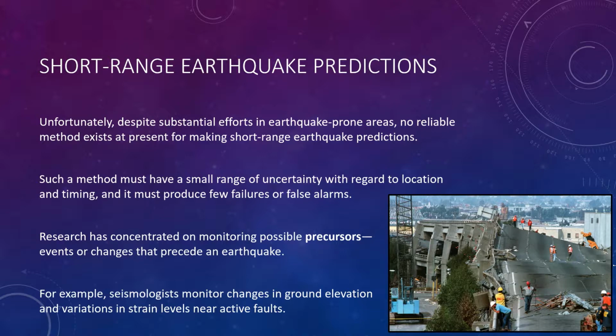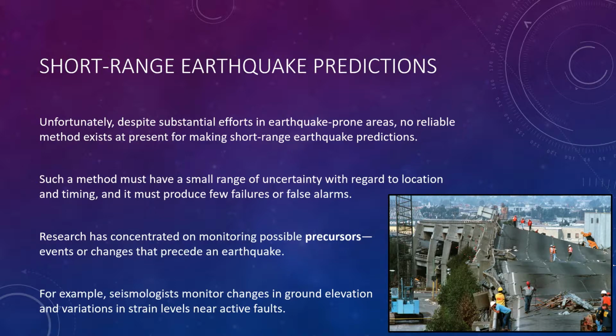That is, it must have a small range of uncertainty with regard to location and timing, and it must also produce few failures or false alarms. Could you imagine the debate that would proceed in order to, let's say, evacuate a large U.S. city, such as Los Angeles or San Francisco, and the expense of doing so?